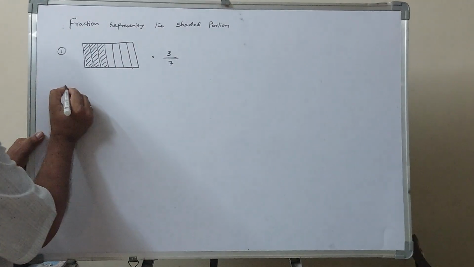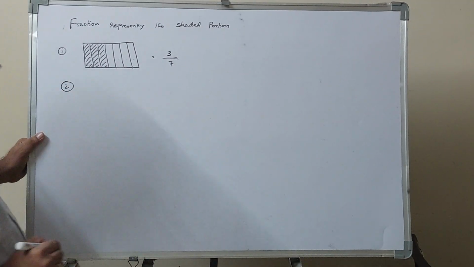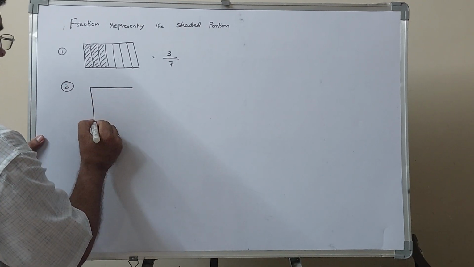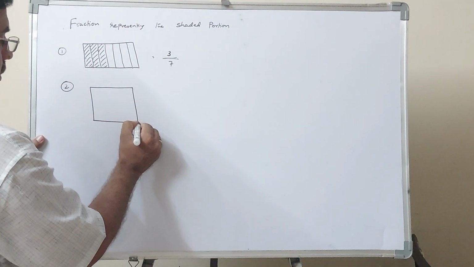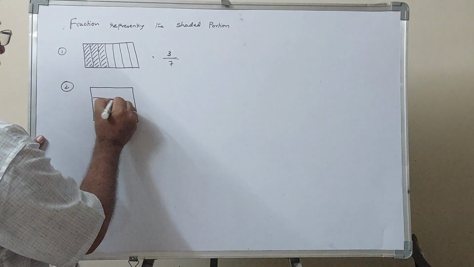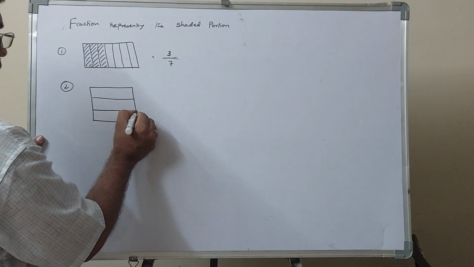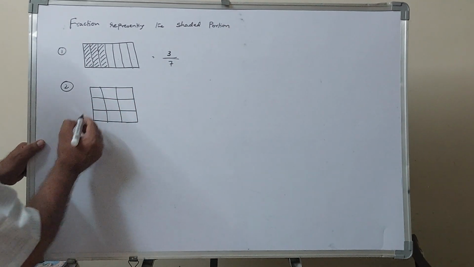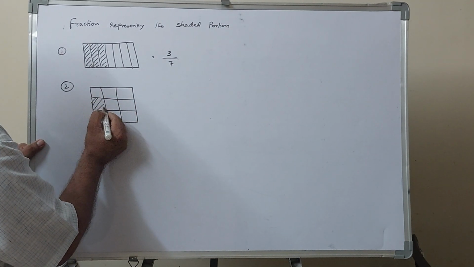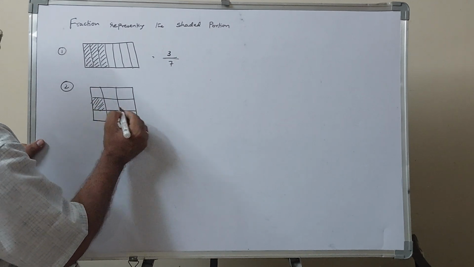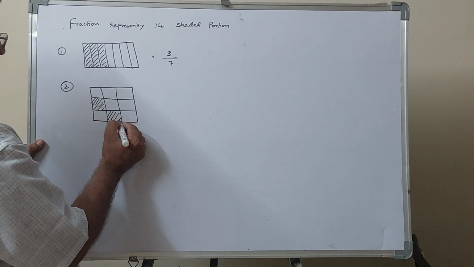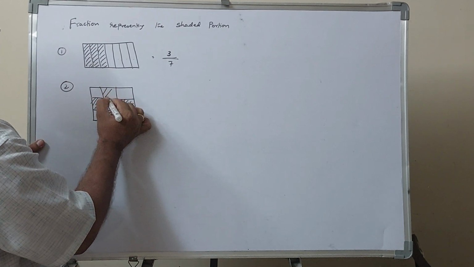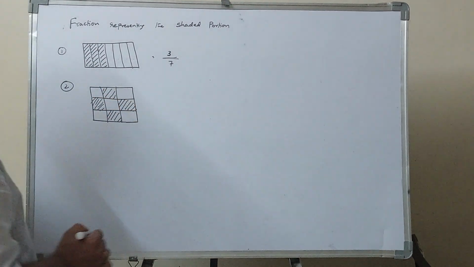Okay? Now the second example. If it is like this, and this was shaded, how to represent this?